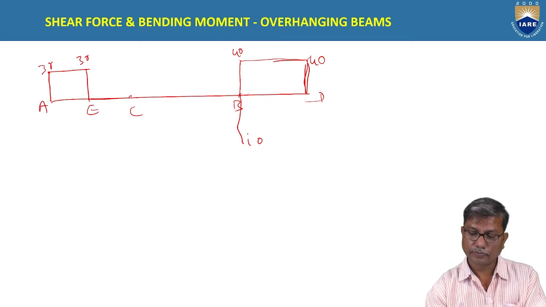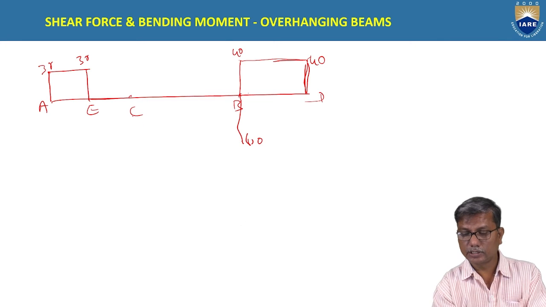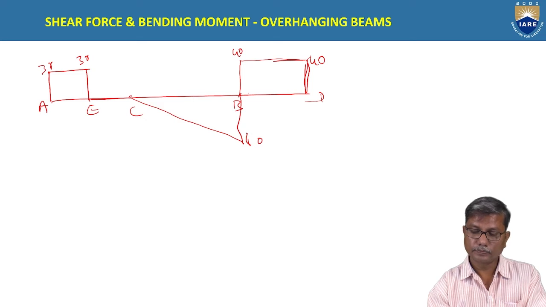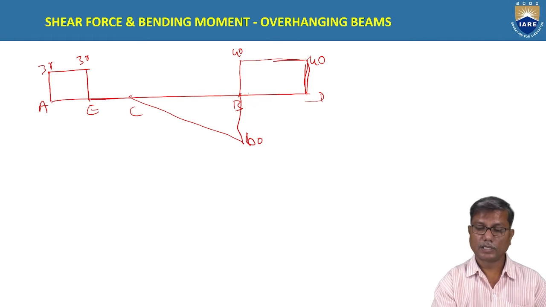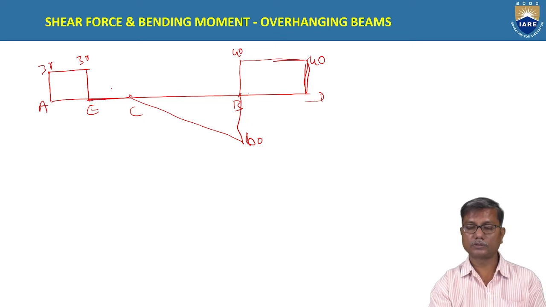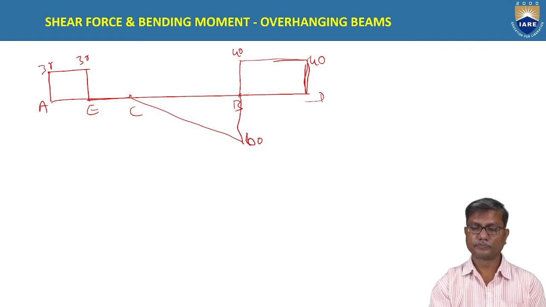Okay. And from 60 it varies to 0 between B and C. Okay, and at C it is 0, at E it is 0. So shear force between E and C is 0. Okay, this is how the shear force diagram is.